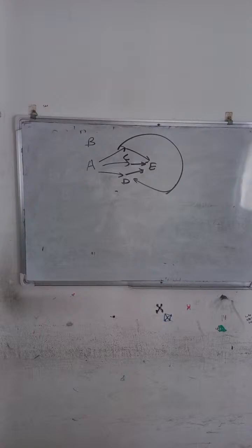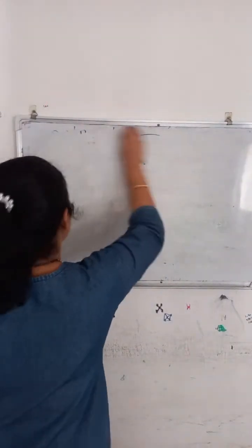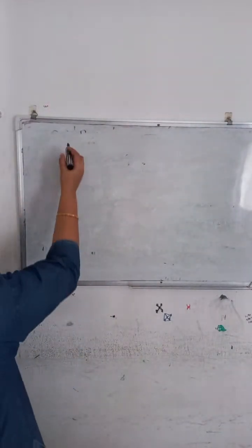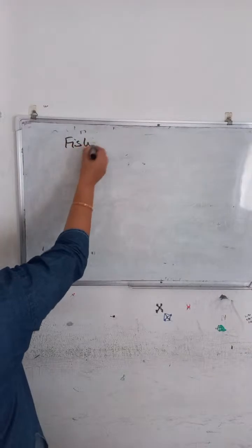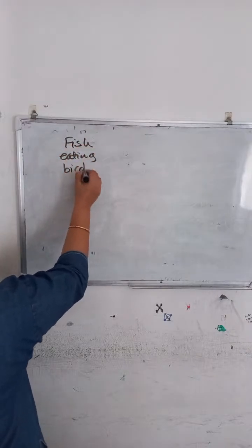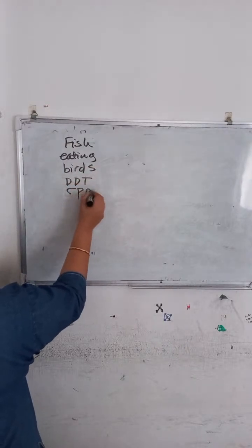Now here the following table shows an aquatic food chain. Okay, this is a very important question from the exam point of view. Here the chain is given, I will draw it here. First is fish eating birds, DDT 5 parts per million.